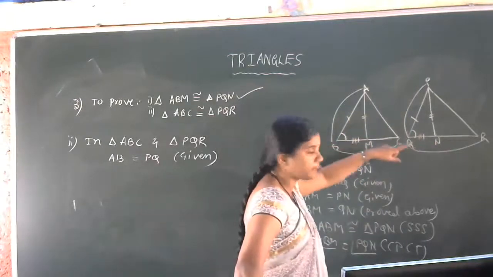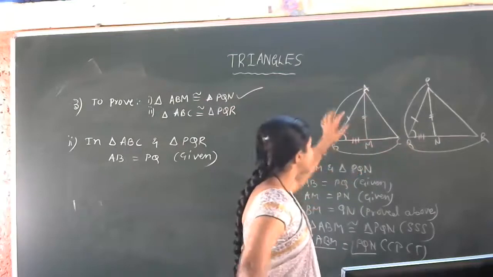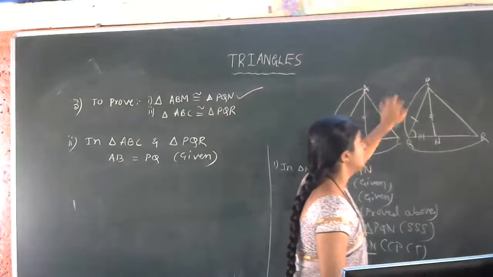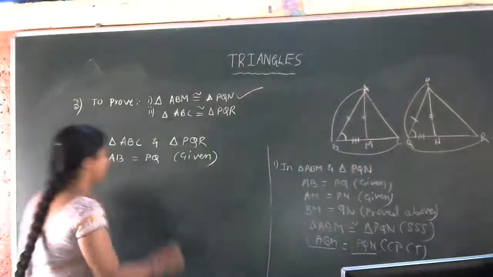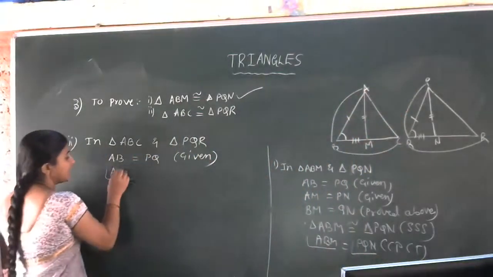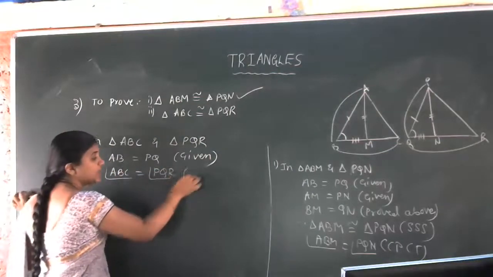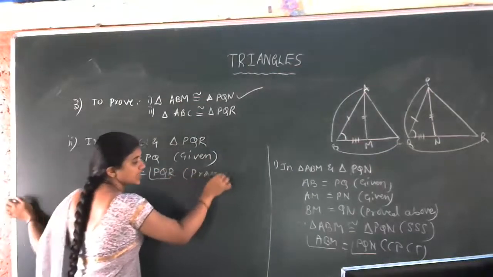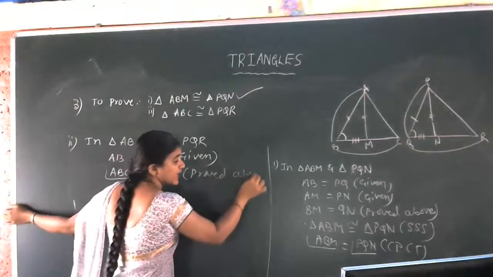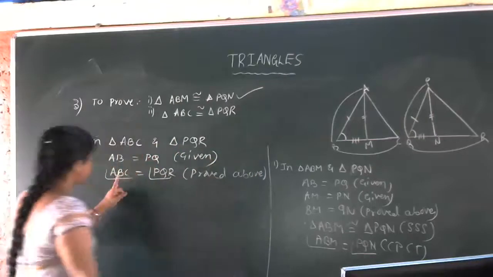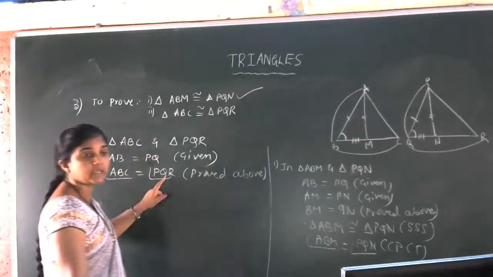ABM equals PQN, you can write that as ABC equals PQR. Second data is angle ABC equals angle PQR, proved above. Just now we proved it in the above proof, CPCT is here.